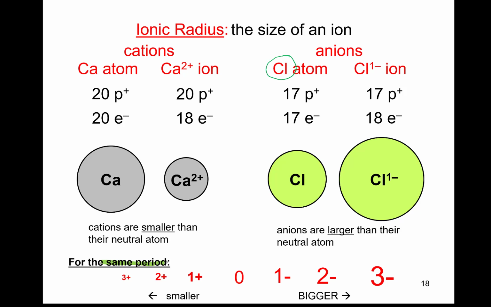So in the same period, a +3 ion is going to be smaller than a +2, which is smaller than a +1, which is smaller than something that doesn't have a charge in that period, like the noble gas, which is smaller than a -1, etc. Okay, so that's for the same period. The positive charges, the bigger the number of the positive charge, the smaller it is. And then for the negatively charged ions, the bigger the number, the bigger it is.